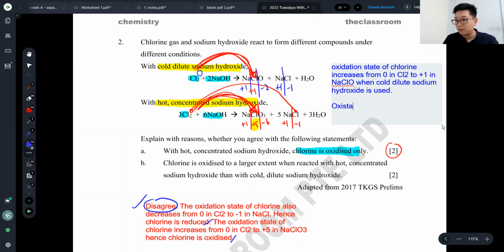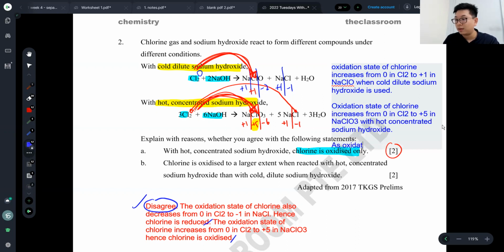Oxidation state of chlorine increases from 0 in Cl2 to plus 5 with hot concentrated sodium hydroxide.